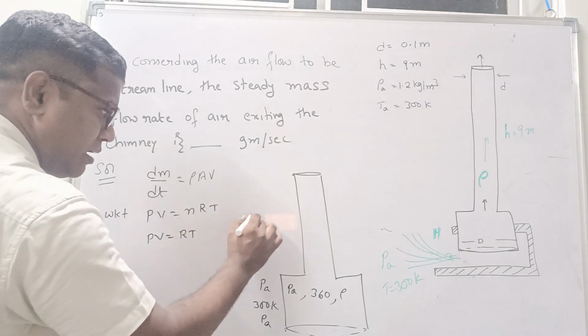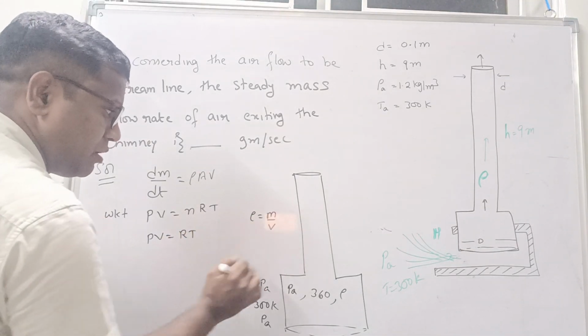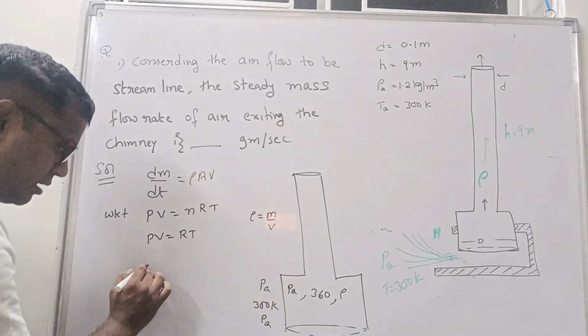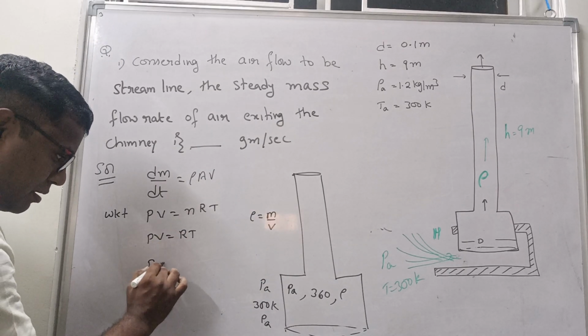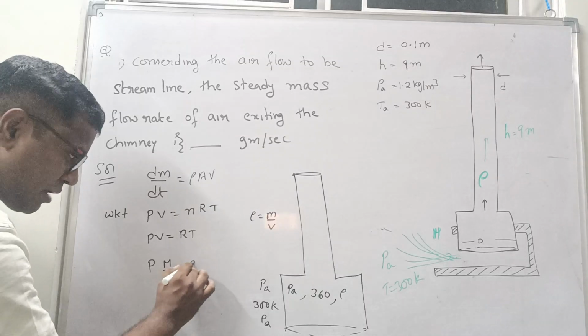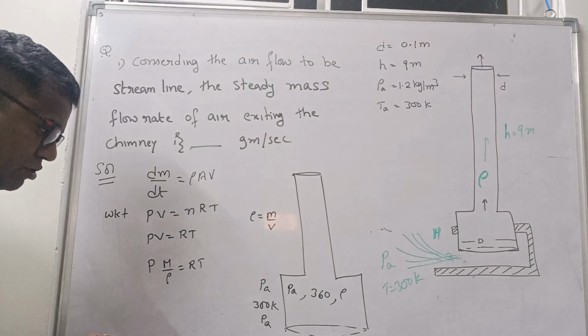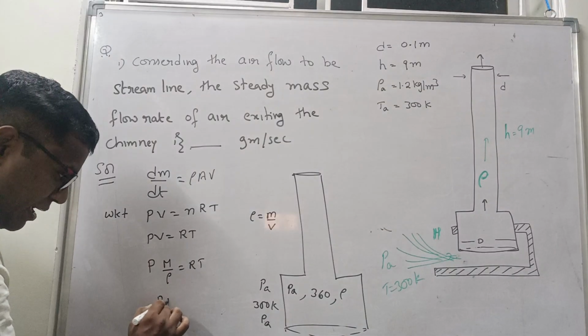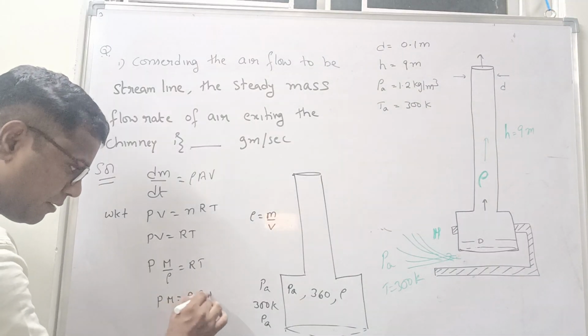We know that density is equal to mass upon volume, so volume is nothing but mass upon density. So P times mass upon density is equal to RT. I wrote PM is equal to rho RT.